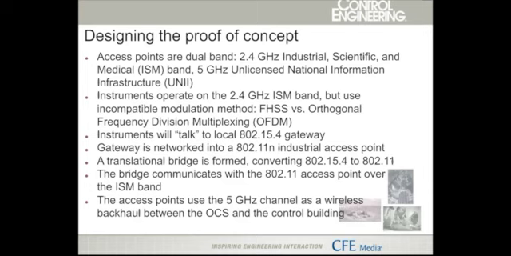So just to go back over what our design criteria was, we wanted to use a dual band wireless access point, using the 2.4 ISM and 5 gigahertz UNII bands. The instruments were to operate on the ISM band, but we found that the only instruments available did not operate using the same modulation technique as Wi-Fi.